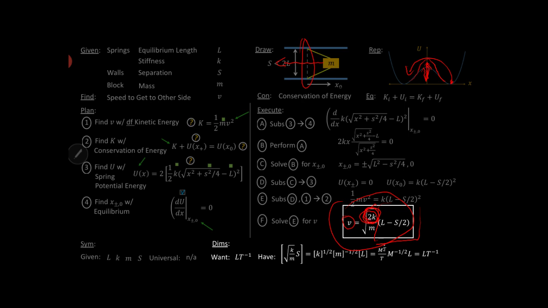So therefore, if K increases, if you have a stiffer spring, you need more speed in the form of kinetic energy to get over the barrier. Makes sense. And if you have more mass, then you'll require less speed because you have more energy with more mass, actually.